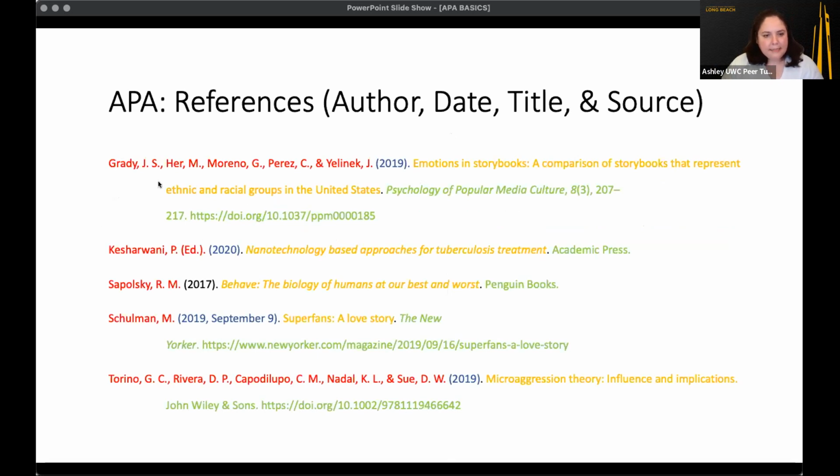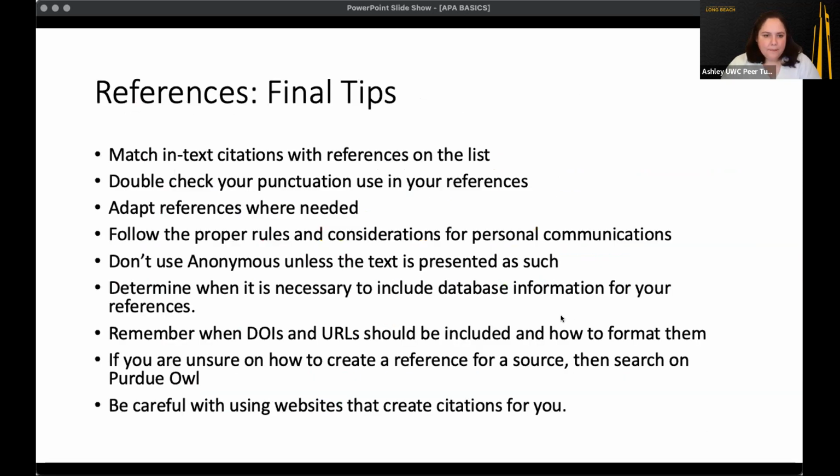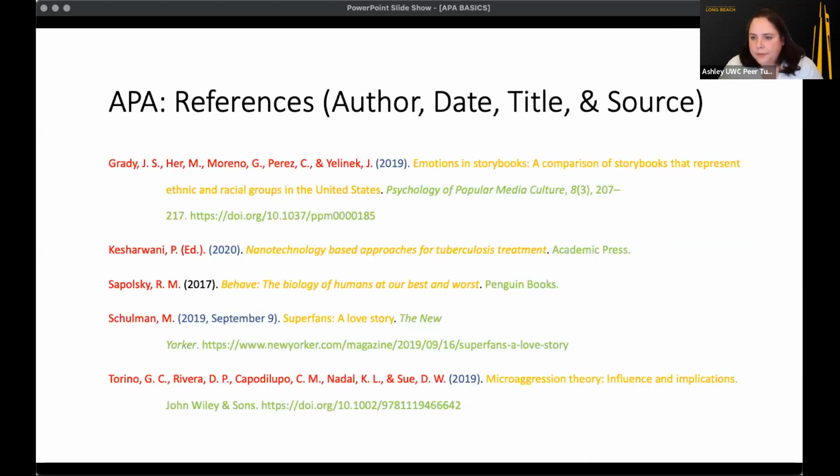It's double spaced with a hanging indent: authors, date, title of the article, title of the journal, title of the book, publisher, title of the article, and the periodical it's in. Okay, so references, final tips. Hold on, let me show you a reference page.